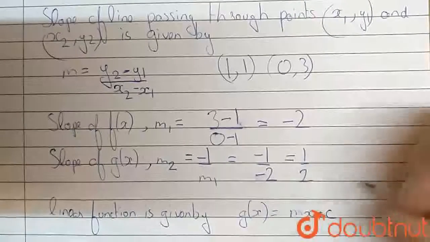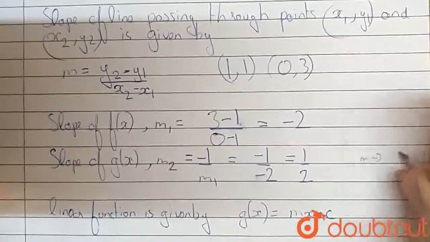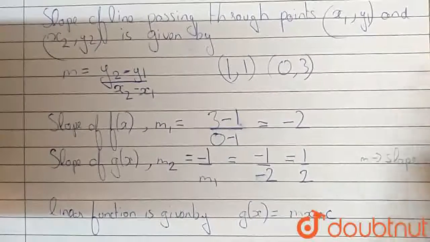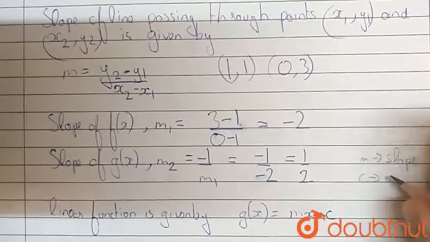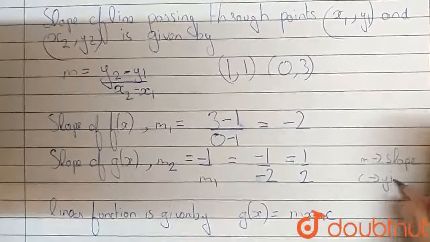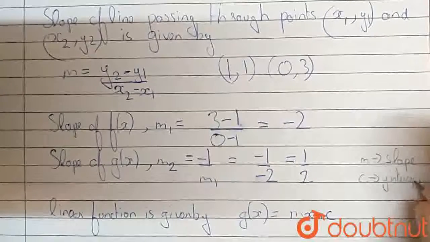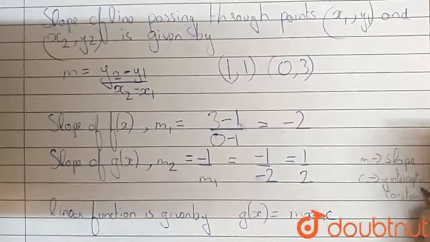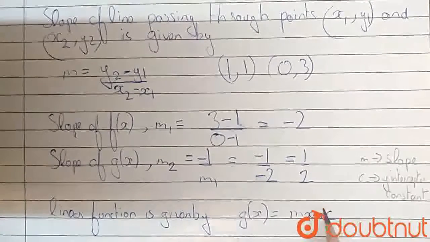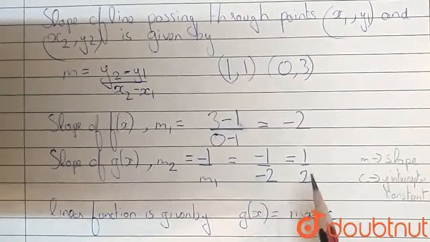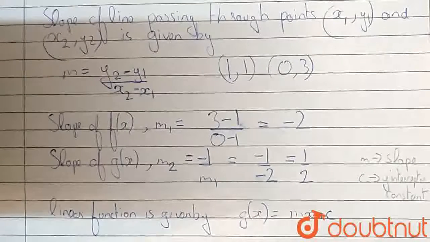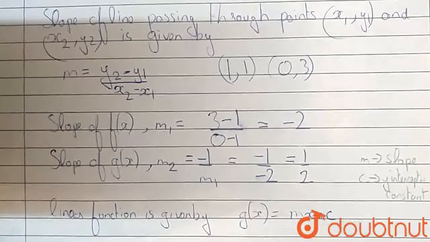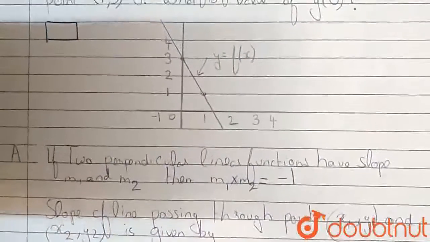Let me just write that here. So we know the slope of this line g(x). We have gotten it here, 1 by 2. But we do not know this y-intercept as it is not shown in the graph.